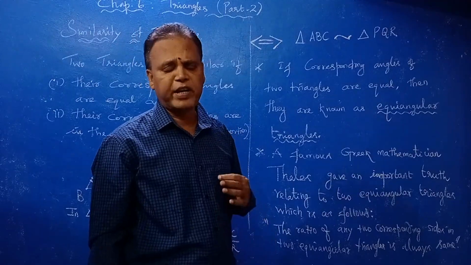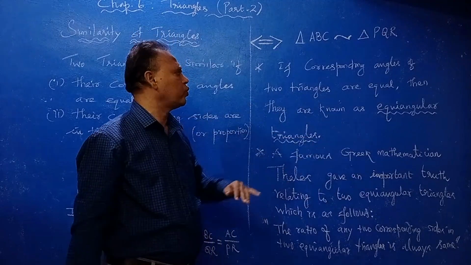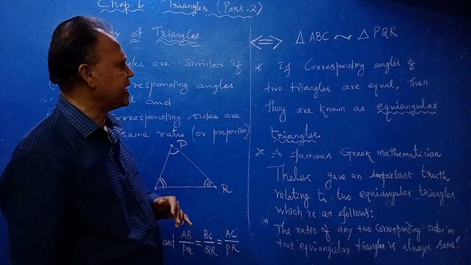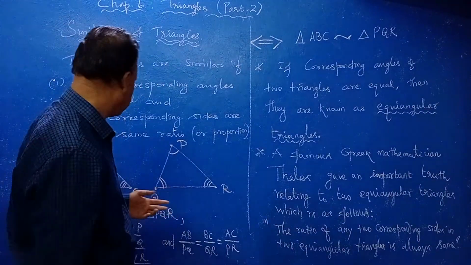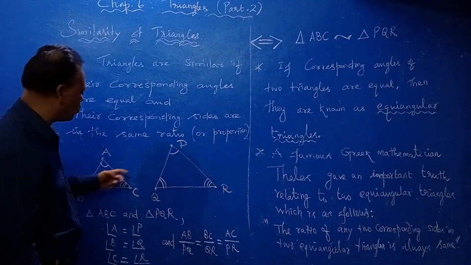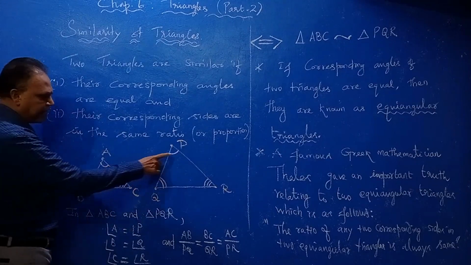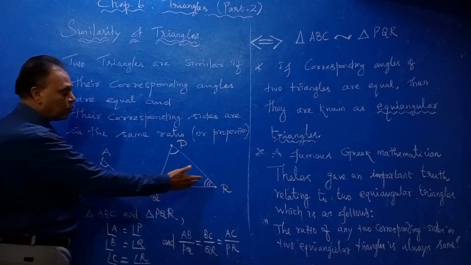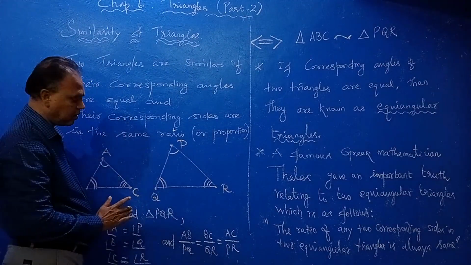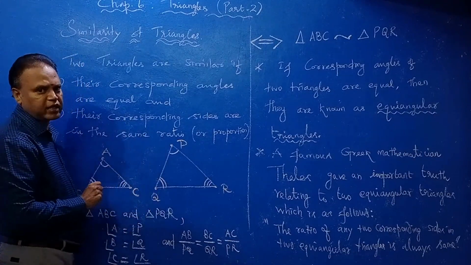So now we will see a very important result. If corresponding angles of two triangles are equal, then they are known as equiangular triangles. Take two triangles. If two corresponding angles are the same, then automatically the third angle is also the same, by using the angle sum property.